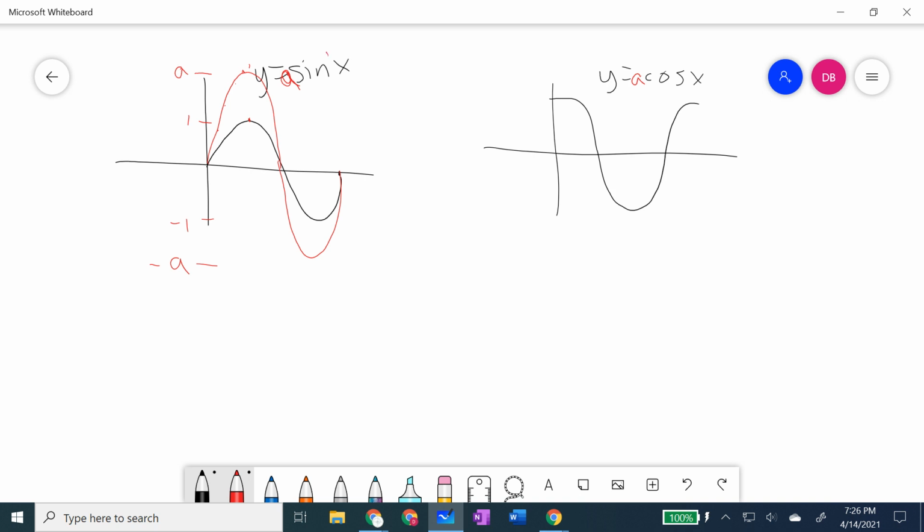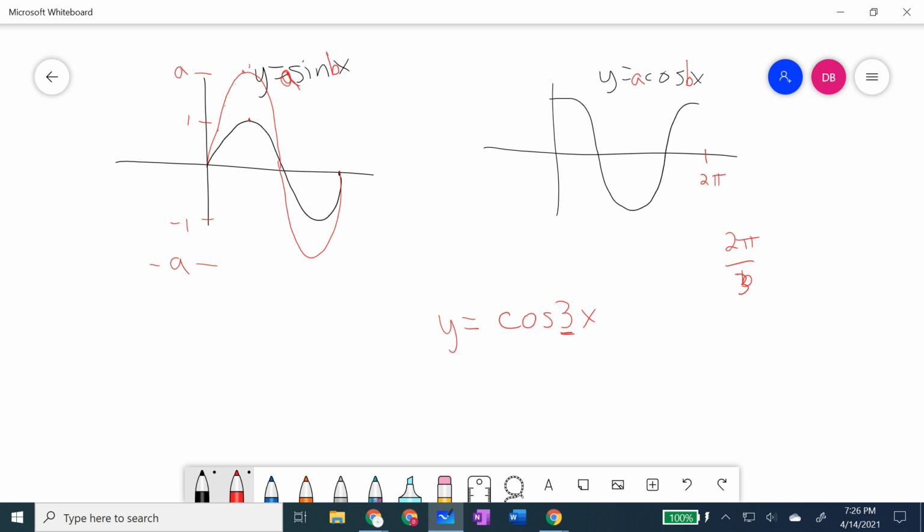But if you see a number multiplying to the x, you actually need to take what your x normally is and divide by that number. So for example, if I have cosine 3x and I want to graph it, then I'm not multiplying my x's by 3, I'm actually dividing my x's by 3.